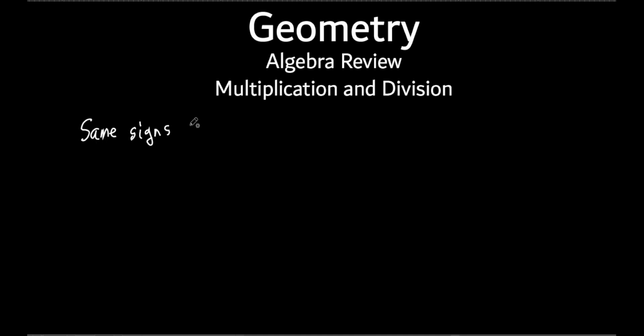When they have the same signs, your answer is always, any guesses? Positive. It's always going to be positive. So it doesn't matter if they're both positive or both negative. Your answer is always going to be positive.